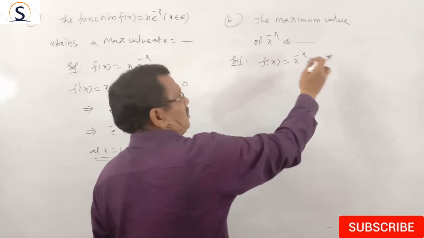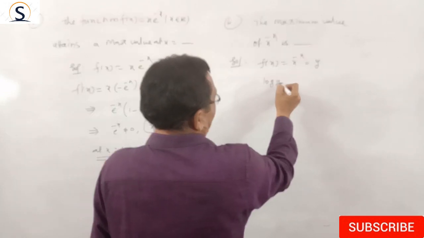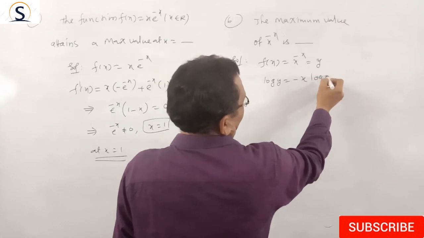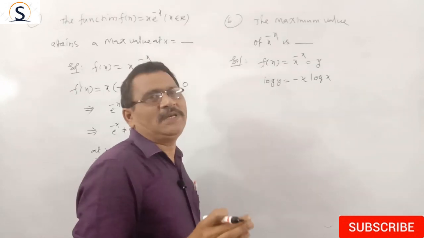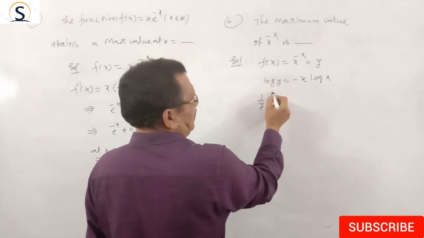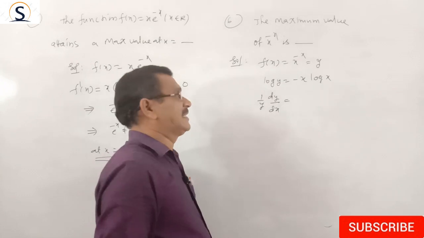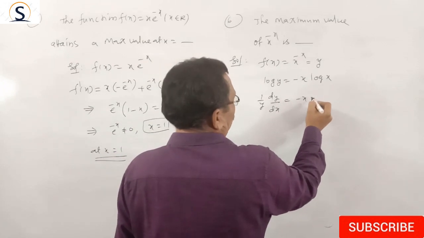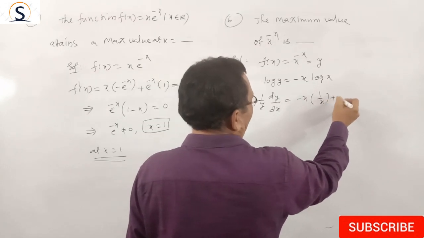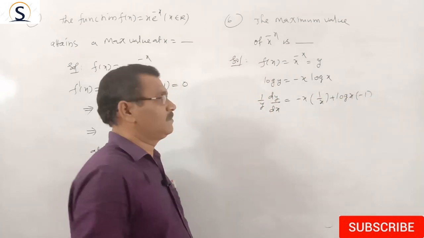Now, whenever an exponential function is there, you apply log on both sides. So, log y is equal to minus x log x, because log a power b is b log a. Its derivative is 1 by y dy by dx. Remember, dy by dx is nothing but f dash of x, which is equal to u into v dash plus v into u dash: log x into the derivative of minus x, which is minus 1, plus minus x into 1 by x.